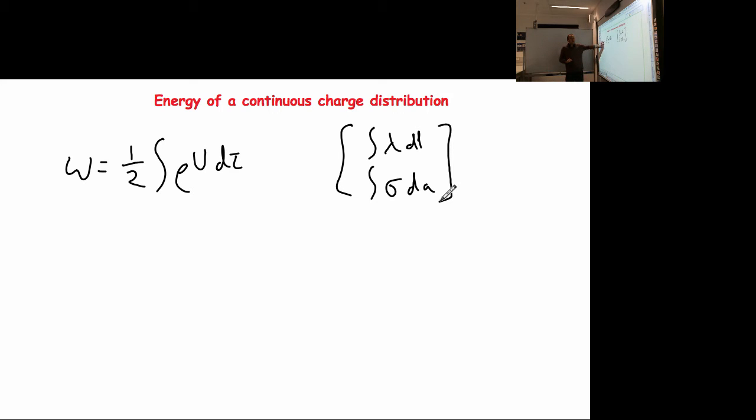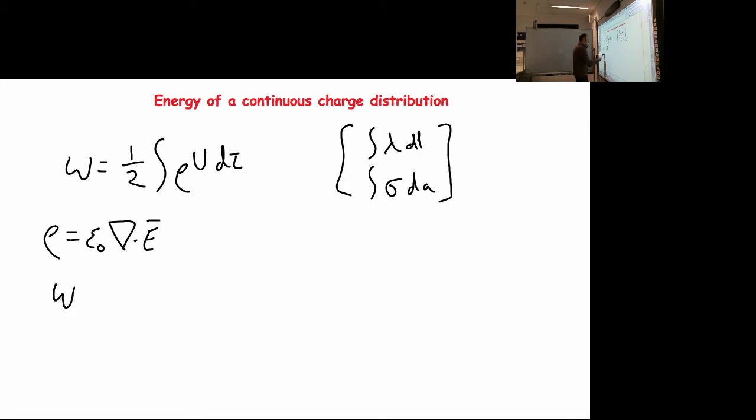Now, let's rewrite this so that rho and V will be eliminated in favor of the electric field. So we go back to Gauss's law. For Gauss's law in differential form, we can write rho is equal to epsilon naught times the divergence of the electric field. And we're going to substitute this into the equation above.